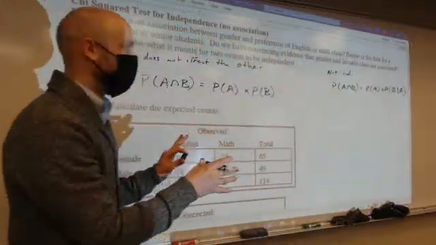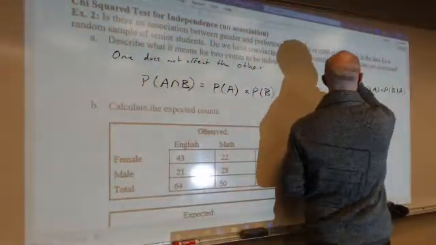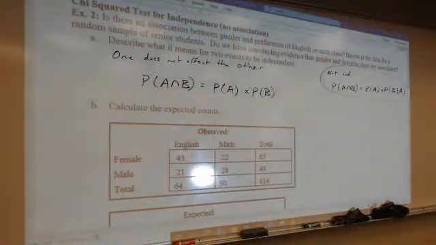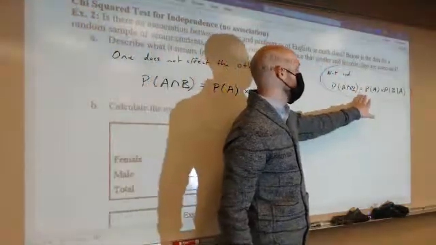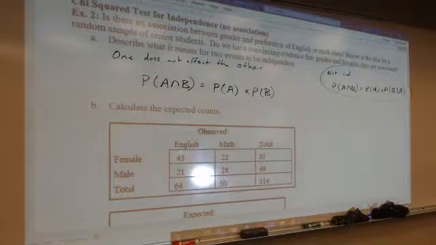So that's the difference. All right, that's not what we're doing. We're doing this. We're looking to see, is this the same as this? Opposite would be this and that. So if you remember back to some probability.